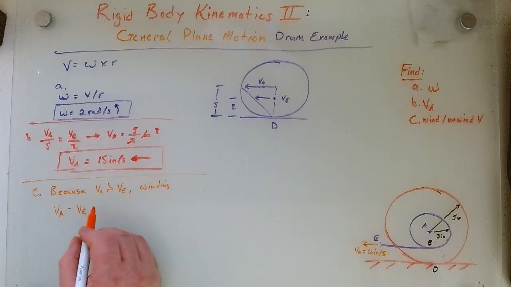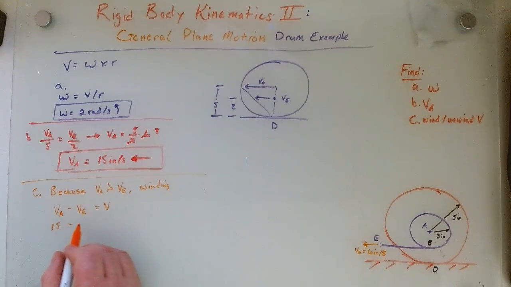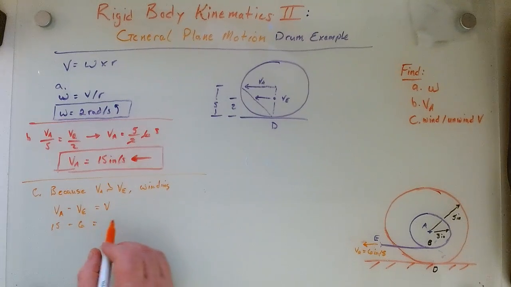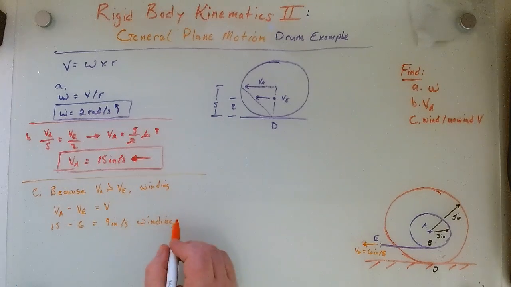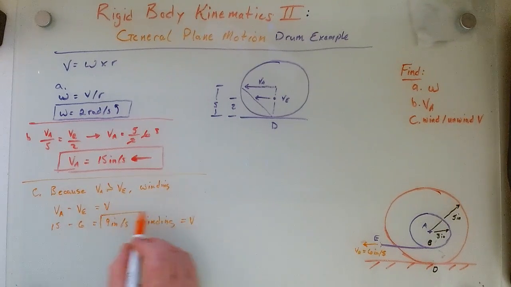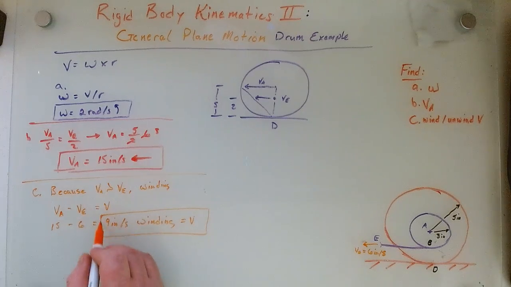So that is our V. This is 15, this is 6. So that is going to be 9 inches per second that we are winding, right? And that is V, so we'll say that equals V.